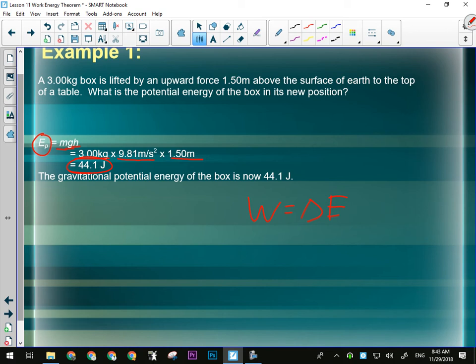So if I've done work to lift it to the top, I have done an amount of work equal to the energy that I changed in that particular object. So I've changed the object's energy by 44.1 joules. That's how much work I did, because I transferred that energy to the box while doing work on it. Questions there?